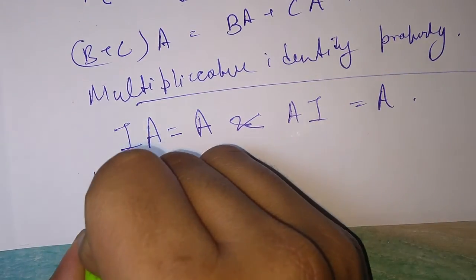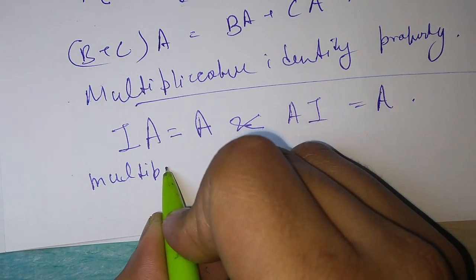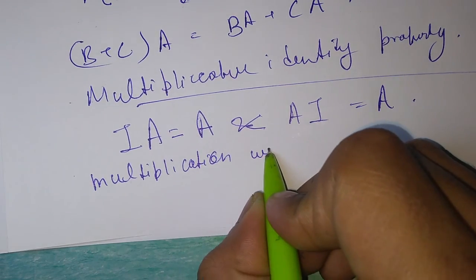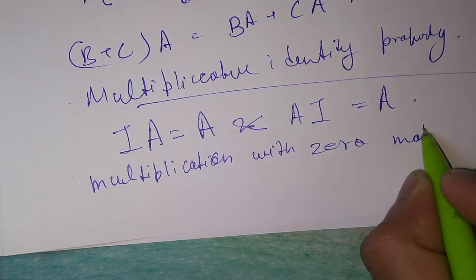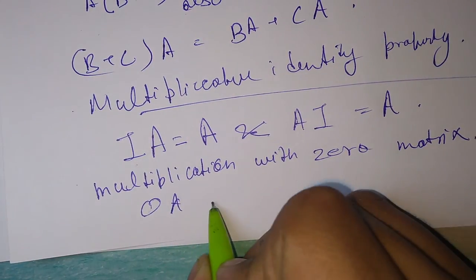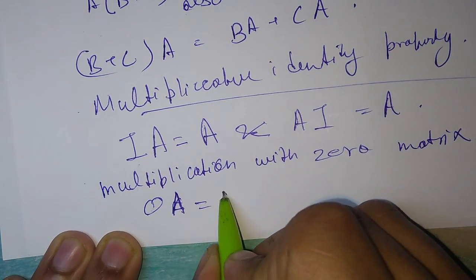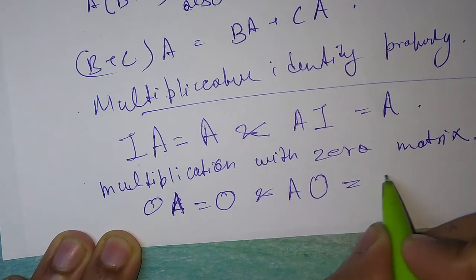Also, multiplication with a zero matrix. So, null matrix into A will be null matrix and A into null matrix will be null matrix.